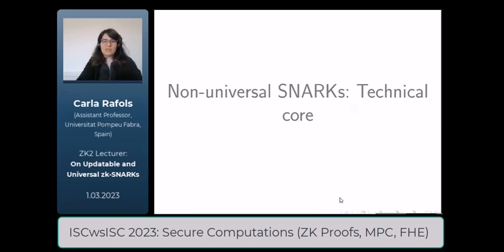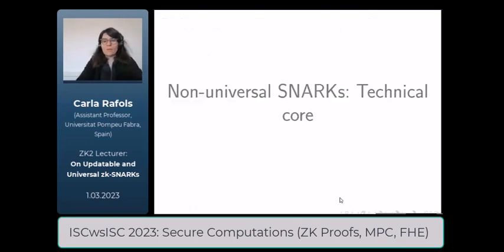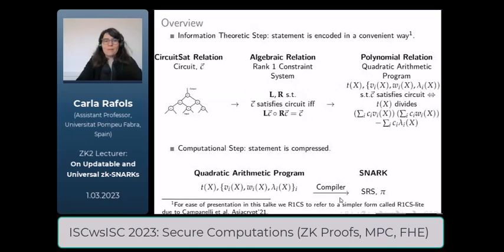It's a mixture of this result of 2013, but the ideas are close to what Groth did for the most efficient SNARKs. Because at the end of the day, all these pairing-based SNARKs have different optimizations, but they are based on similar ideas. So let's move to talk about this.